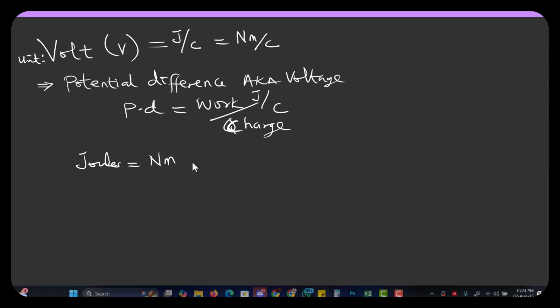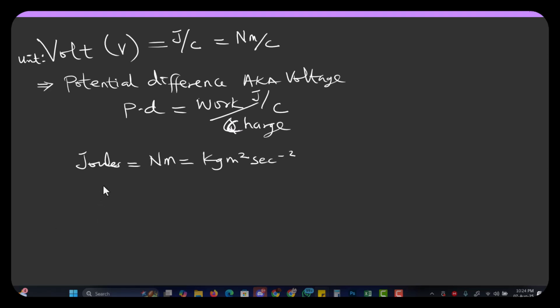And you can also remember that I told you another unit of joules is kilogram meter squared per second squared. Yes, I think that is correct.